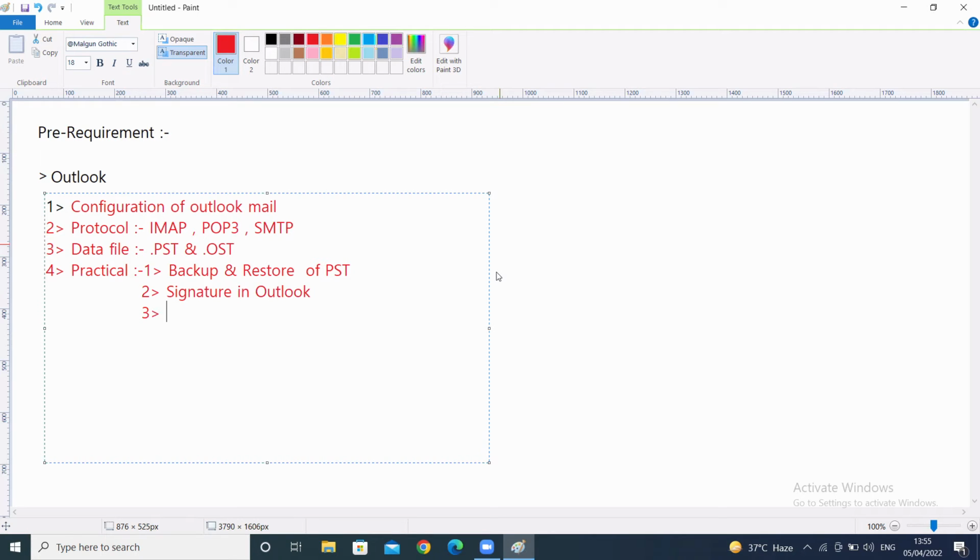Then number three would be the delay and delivery feature. How to use the delay and delivery feature. And number four, the recall feature. Recall in Outlook.